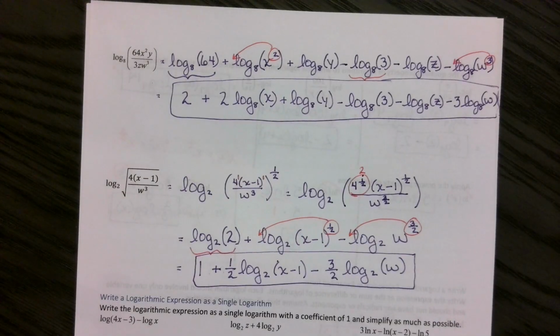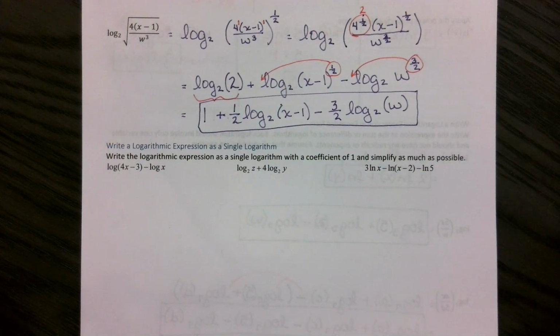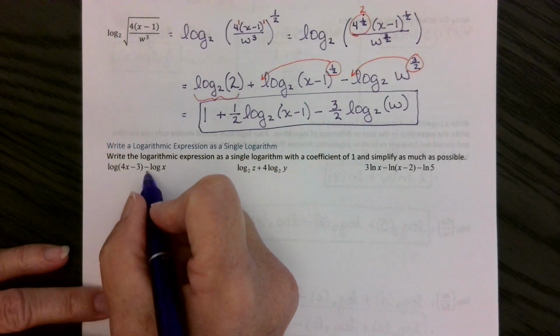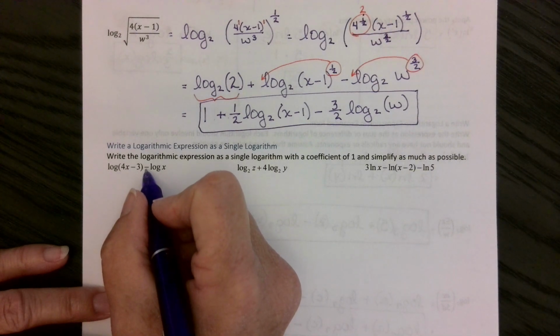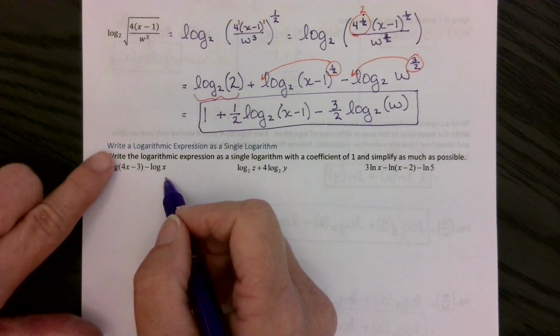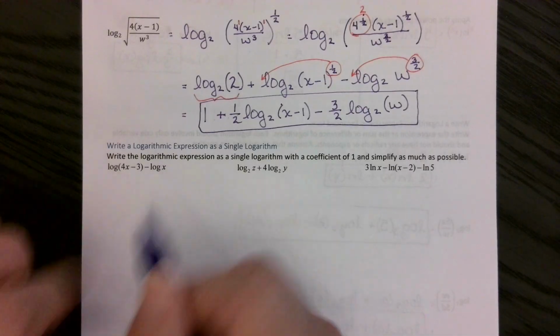Okay, now this is why we had to learn how to expand, because now we can write it as a single expression or a single logarithm. That means we're going to condense it. So I don't know what your instructions are going to say in ALEKS, or whatever program you're using at the time. Okay, because this is subtraction, we know it's division, and you can't mix and match like a log and a natural log.